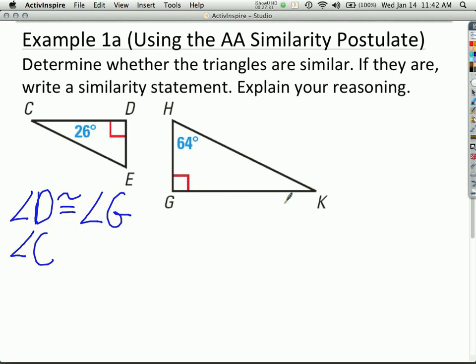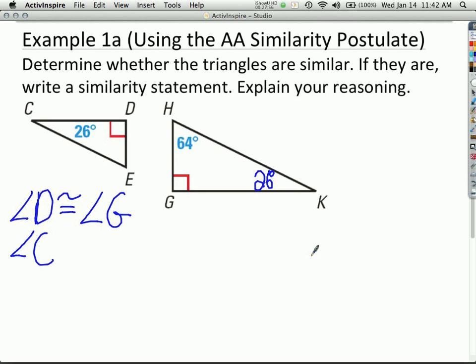I was going to support it by using the triangle sum theorem. Adding 9 degrees and 64 together on the other triangle. And what is it? 26. Oh, it actually comes out to 26? This right here is 26? Oh, okay. So look at that. Angle K and angle C are congruent.